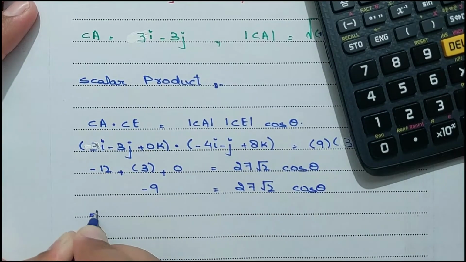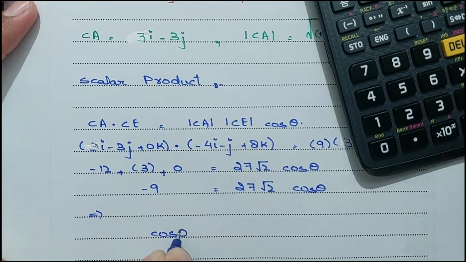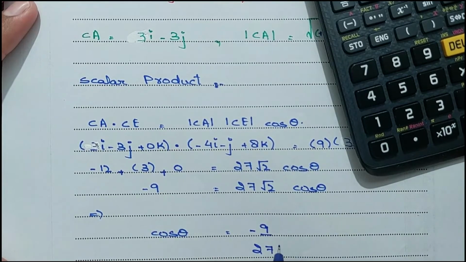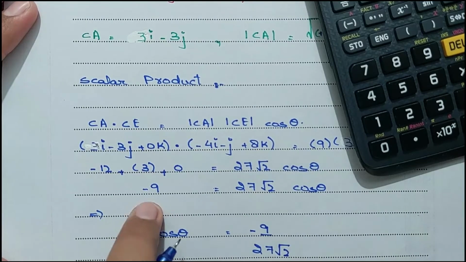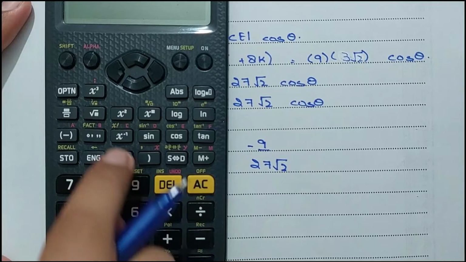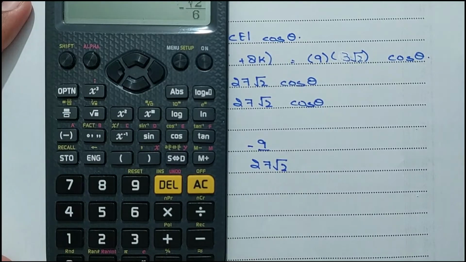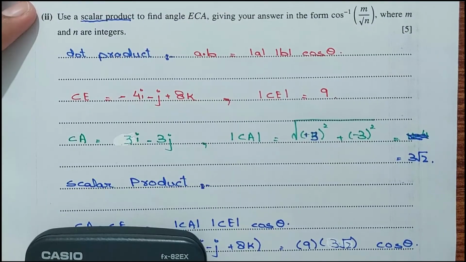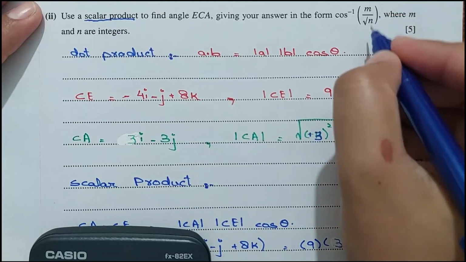What is cos of theta? So minus 9 divided by 27 root 2, dividing by 27 root 2 on both sides to get cos theta. This is minus root 2 over 6. But I'm not writing in this form because we have to find the answer as cos inverse of m over root n.